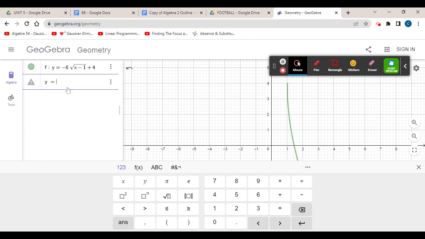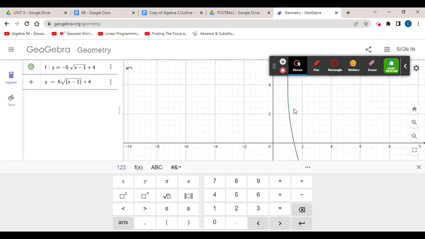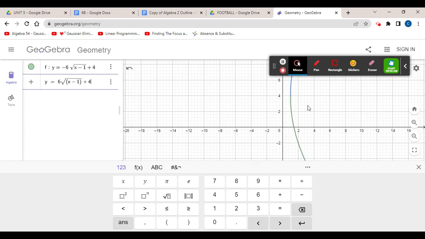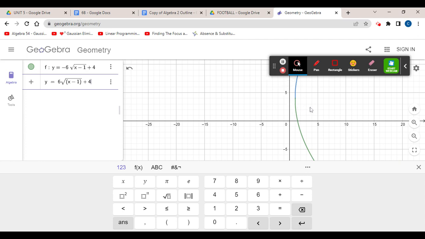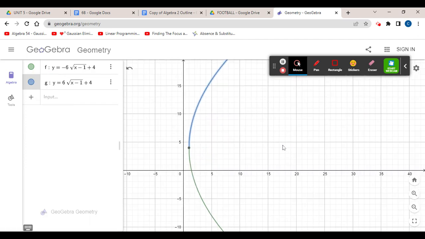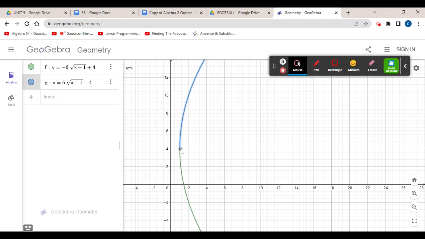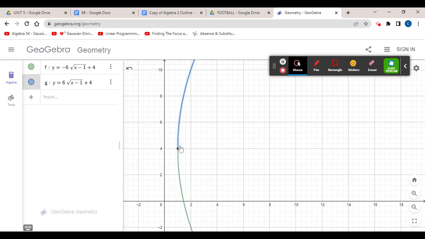And then we're going to have y equals positive 6 square root of x minus 1 plus 4. So we have our two graphs here. Okay. We have our two graphs.